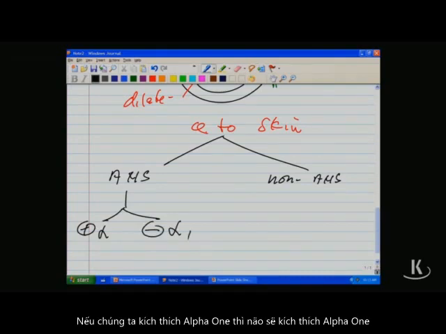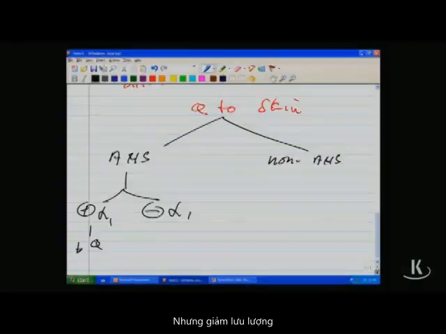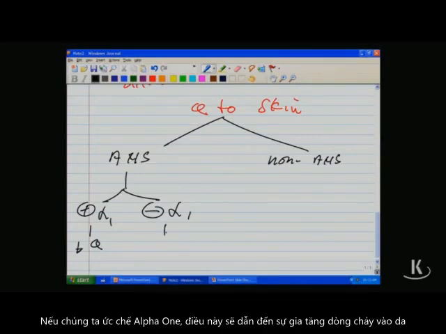If the brain stimulates alpha-1, what will occur? Vasoconstriction, decreased flow, and at the same time increased TPR, but decreased flow. If we inhibit alpha-1, this would lead to an increased flow to the skin.